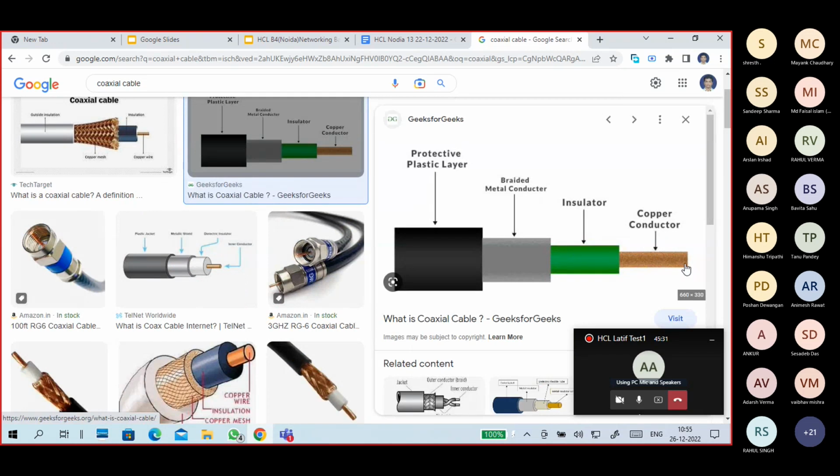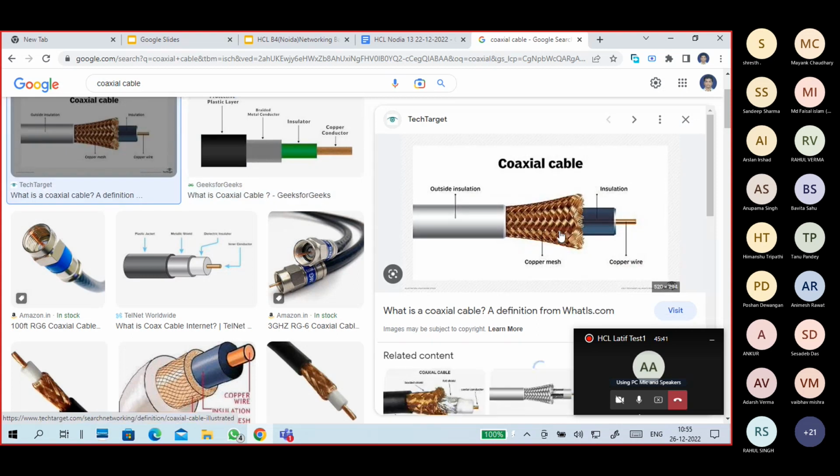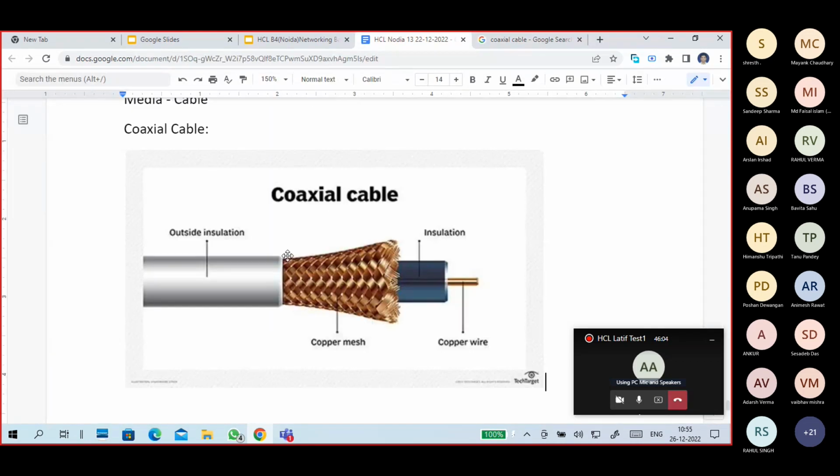So one main single wire is there, a copper conductor, and it is covered with some insulator, and there is a mesh, a copper mesh like this, and this is the outside insulator, a plastic jacket. So this is a coaxial cable. The main data is transmitted through this center wire only. And what is the use of this copper mesh? We'll see that also.